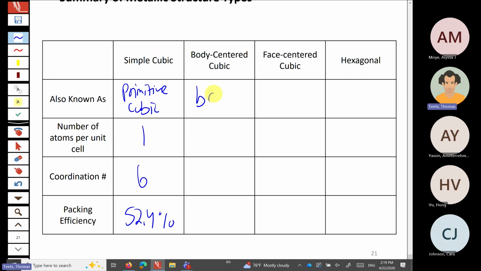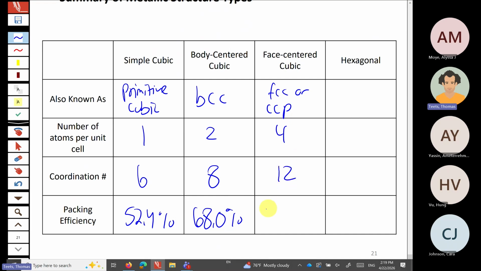Body-centered cubic is often abbreviated as BCC, not really a new name, but an abbreviation. 2 atoms per unit cell, coordination number of 8, packing efficiency of 68.0. Face-centered cubic is abbreviated as FCC or sometimes CCP for cubic closest packed. 4 atoms per unit cell, coordination number of 12, packing efficiency of 74.